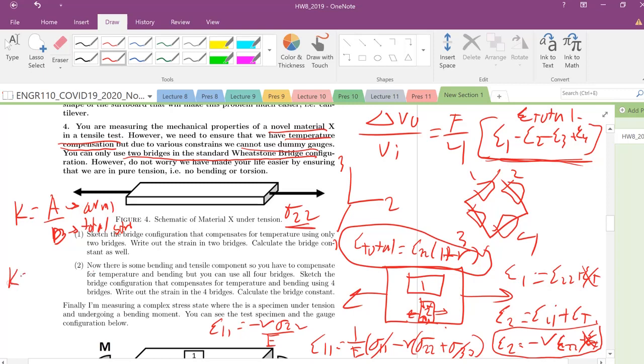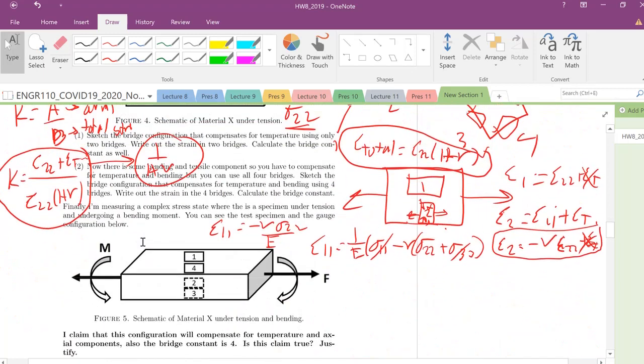So our bridge constant is going to be my arm 1, which is just E sub 22 plus ET over, basically, the total, which is actually E22 times 1 plus nu. That would be your gauge constant right there. If you assume that the strain in temperature is small, you could again simplify this to just 1 over 1 plus nu. If you assume that this is small, which temperature usually is extremely small.